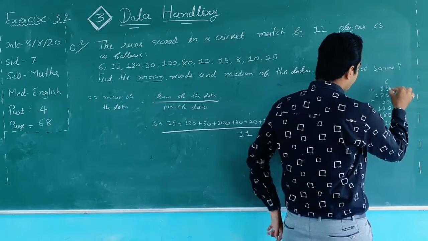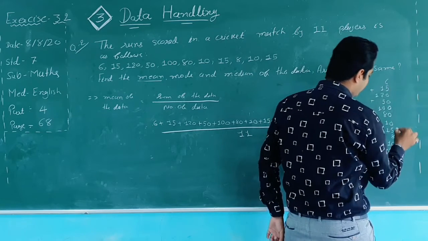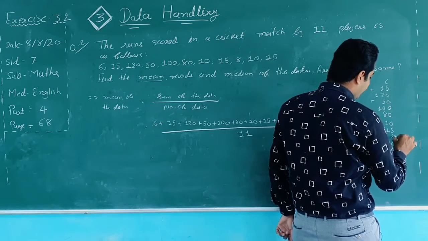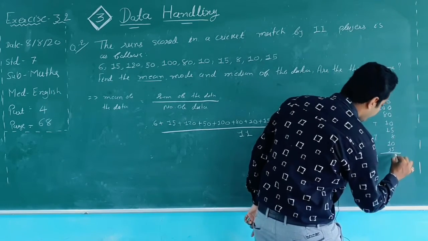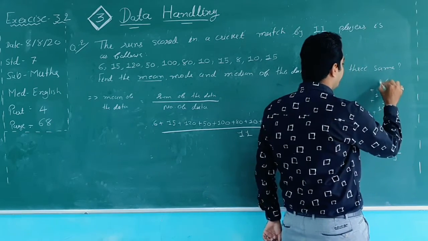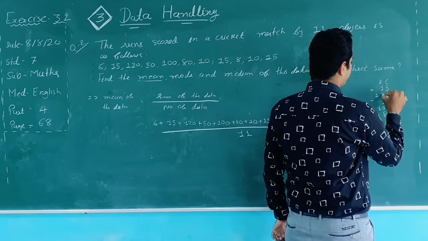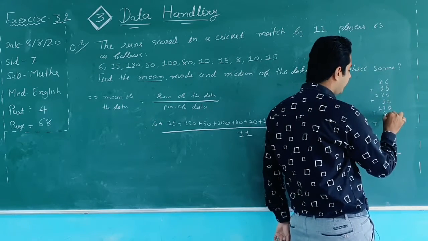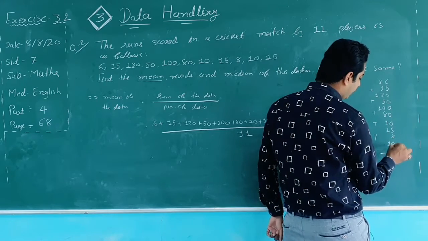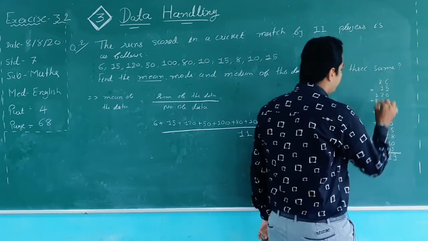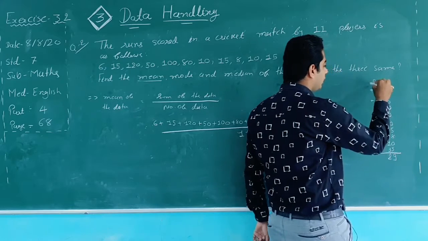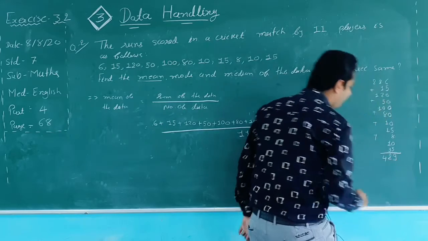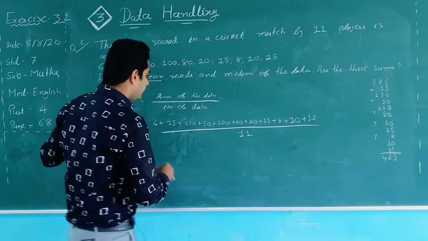See, 6 + 5 is 11, 11 + 5 is 16, 16 + 8 is 24, 24 + 5 is 29. 9 goes here, 2 carries up. 2 + 2 is 4, + 1 is 5, 5 + 5 is 10, 10 + 8 is 18, then 19, 20, 21 and 22. 2 goes here and 2 carries up, 2 + 1 is 3, + 1 is 4. So 429 is the total addition of the data.